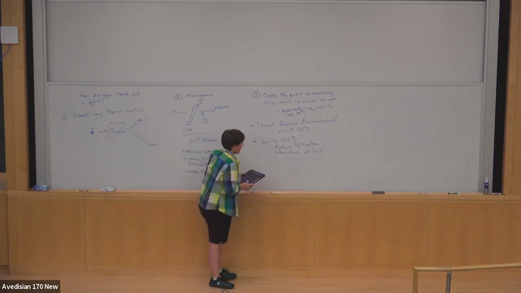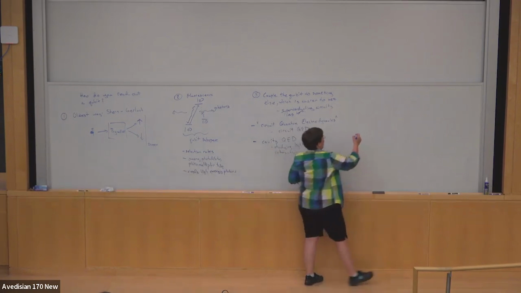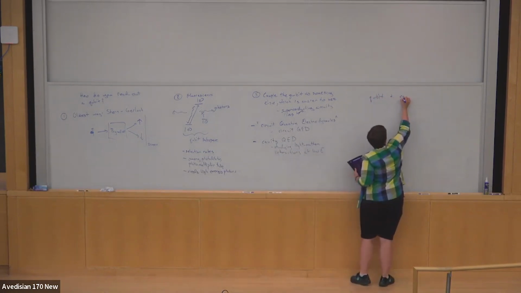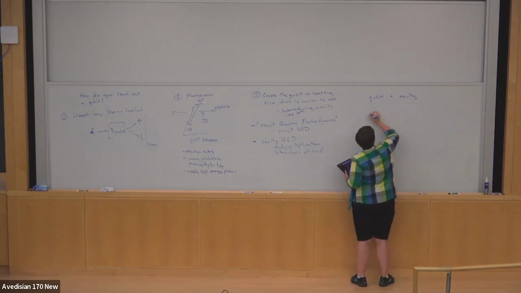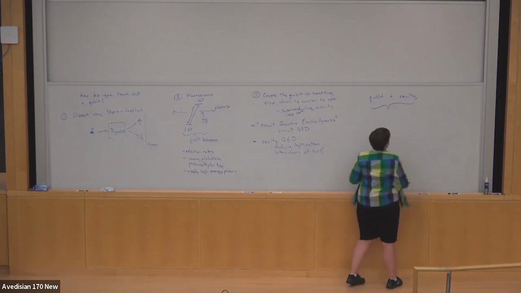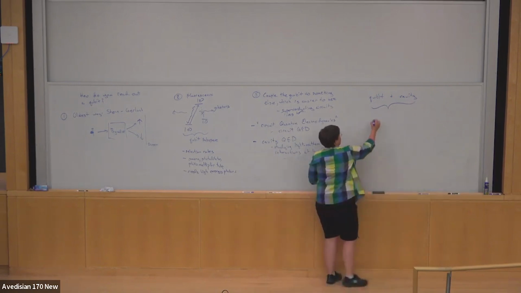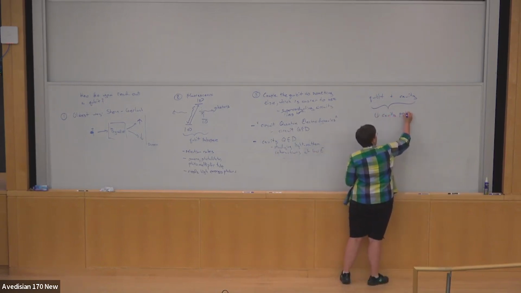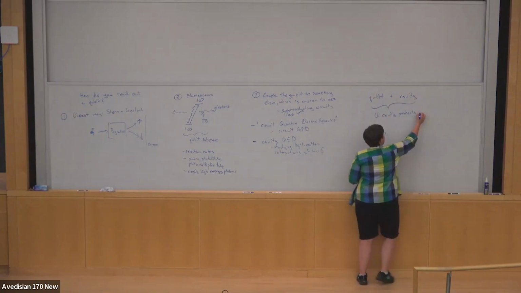Okay, and so the ingredients that we're going to have are qubit plus cavity. And this combination is going to do a couple of things. One is that the cavity protects the qubit from the environment.